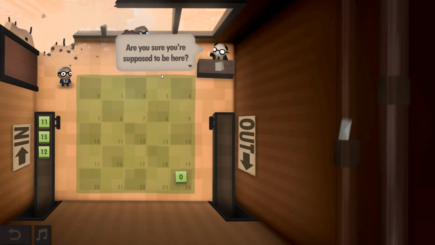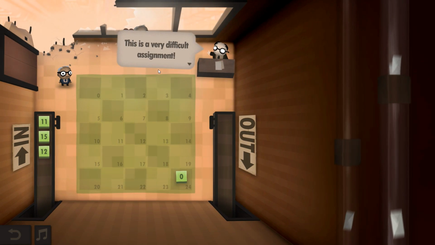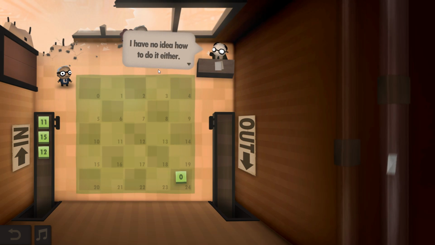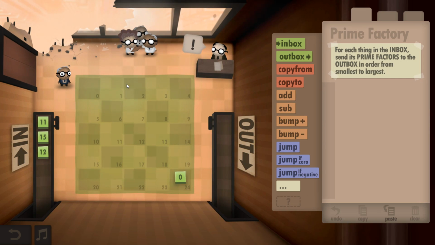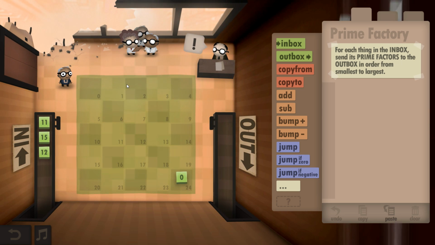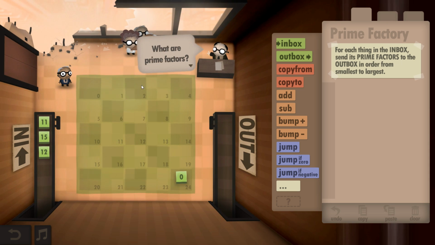Are you sure you're supposed to be here? I'm not really sure, no. This is a very difficult assignment. I have no idea how to do it either. Perfect. For each thing in the inbox, send its prime factors to the outbox in order from smallest to largest. What? Tell me more. What are prime factors?